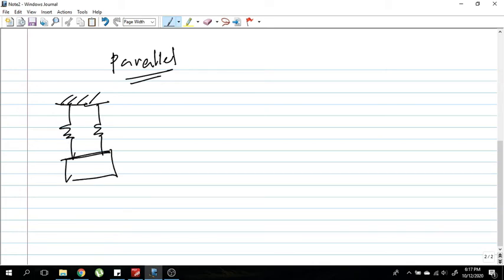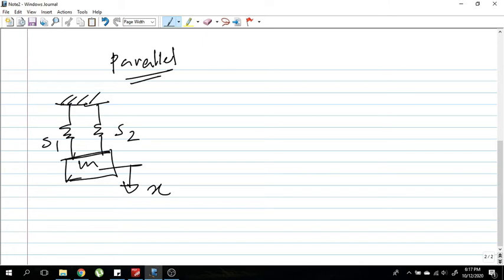In this case also, I've taken a spring mass system having two springs, S1 and S2. In a parallel system, the deflection of the system equals the deflection of each spring.